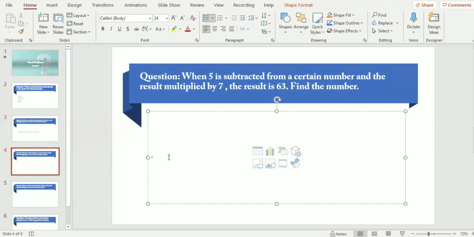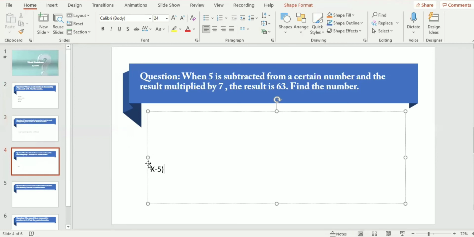Now our next question is, when 5 is subtracted from a certain number and the result multiplied by 7, the result is 63, and we have to find out the number. Here, the number is not decreased, rather it is subtracted from a certain number, which means that if that number is x, then 5 is subtracted from it, and the result multiplied by 7.